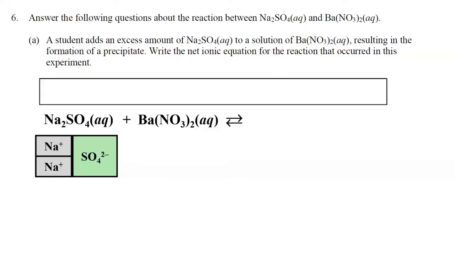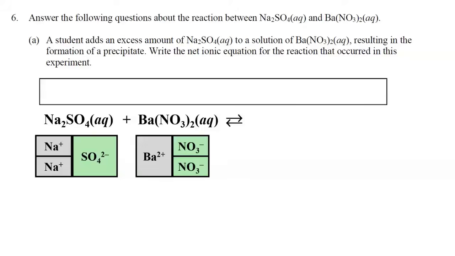The charge on the sulfate ion is -2. Then we have 1 barium, which is +2. It's located in group 2. And we have 2 nitrate ions, and each nitrate is worth -1. So those are the formulas. And I'm putting them outside the box because I'm not quite ready to write the net ionic equation just yet.